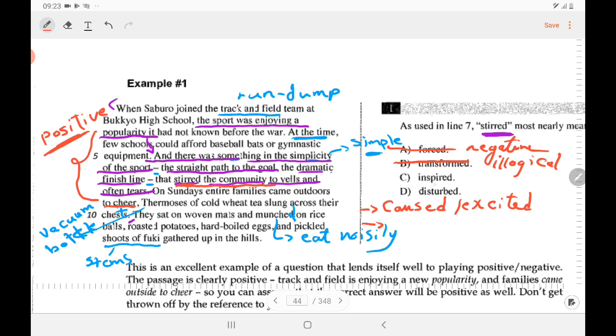Choice C, inspired. Okay, the simplicity, the quality of being simple, inspire the community to shouts and tears. It works. It fits the context. And inspire is also positive. Okay, it's positive too.